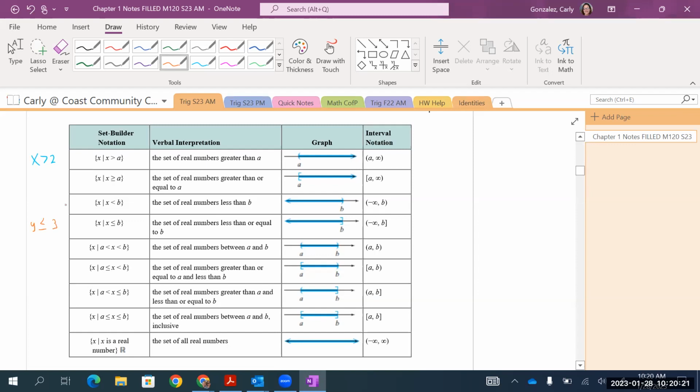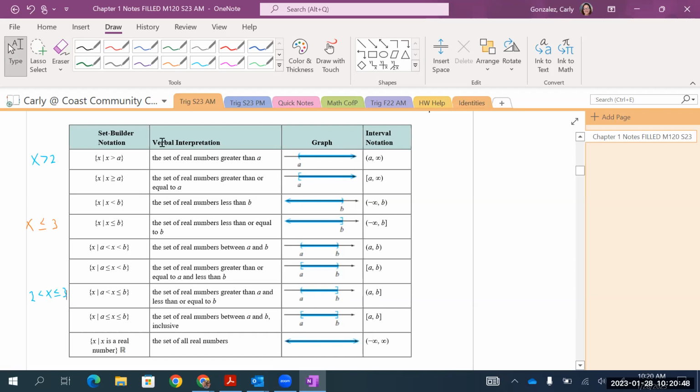So our a and our b are actual numbers, where here, actually I'll stick with x. We could do x is less than or equal to 3. X is our variable, but a and b would actually be numbers. And maybe down below, I'll pick one of these. We could even have something like 2 is less than x is less than or equal to 3. So that's what these will look like in practice.